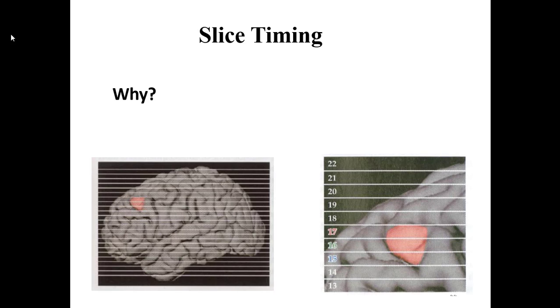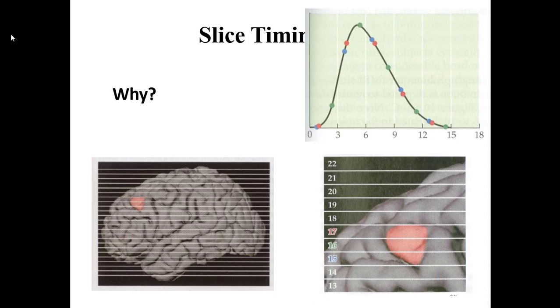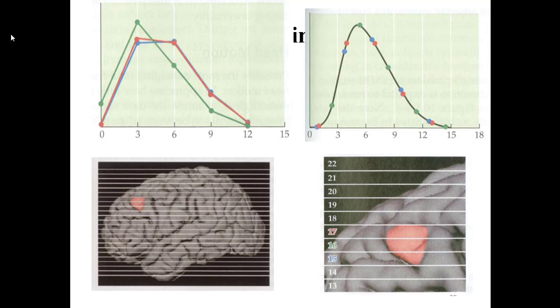For example, we scan the 15th, 17th and 19th and come back for the 14th, 16th, 18th. When you scan the data, you will see the 15th and 17th at the very beginning and the 16th at the very end. So there's a time difference. For these time differences, we can use interpolation to interpolate the data, so that they appear to be acquired at the same time. So this is slice timing.